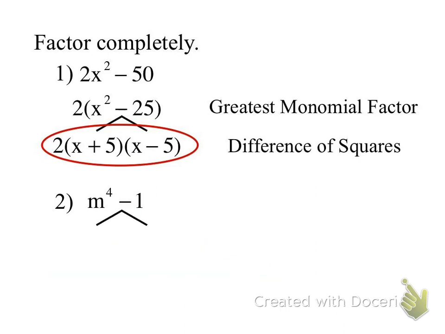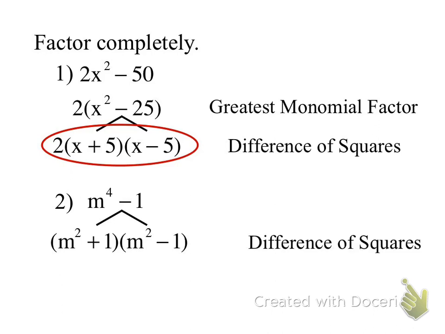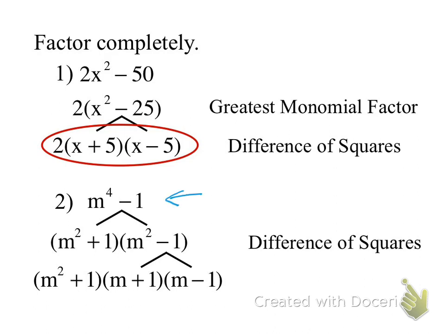What's the difference between doing GCF and then difference of squares, or just doing difference of squares? Well, in this one, there was no greatest monomial factor or greatest common factor. It's always the first thing we check.